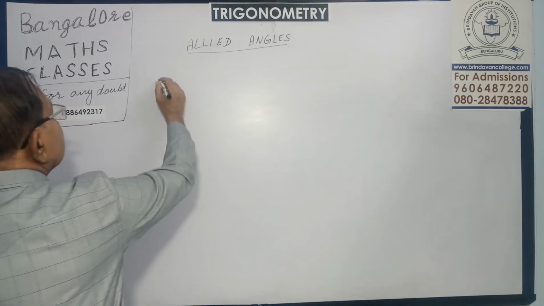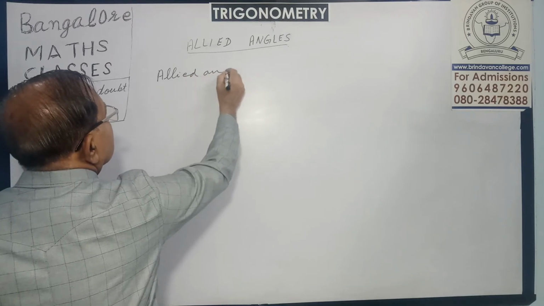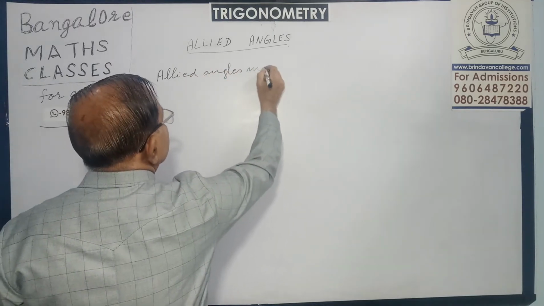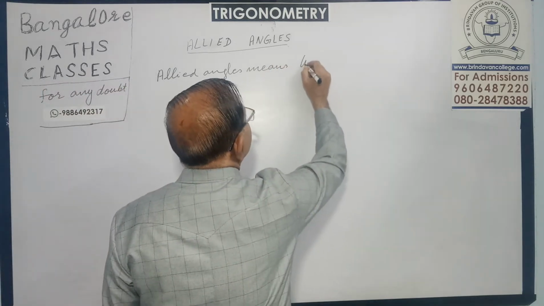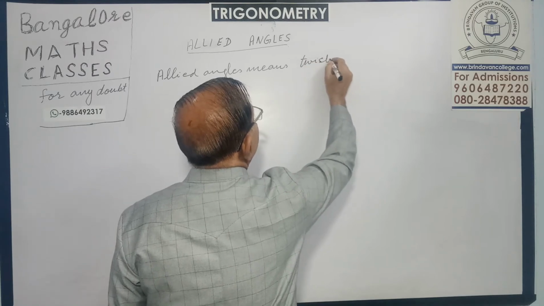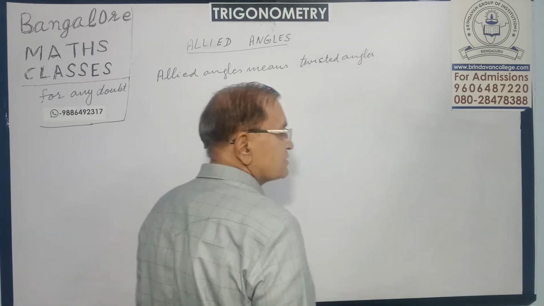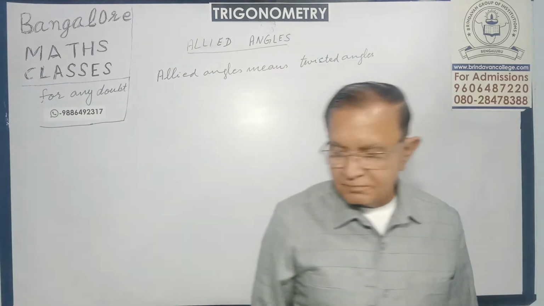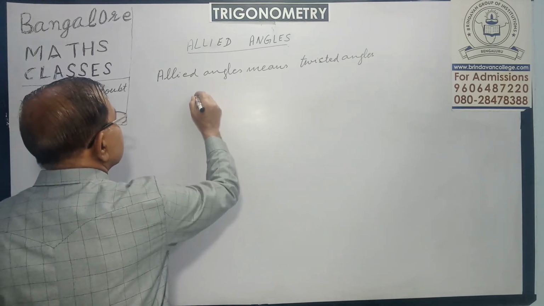Now the meaning of allied angle is quite simple. Allied angles means twisted angles. Suppose we are given an angle of 60 degrees.